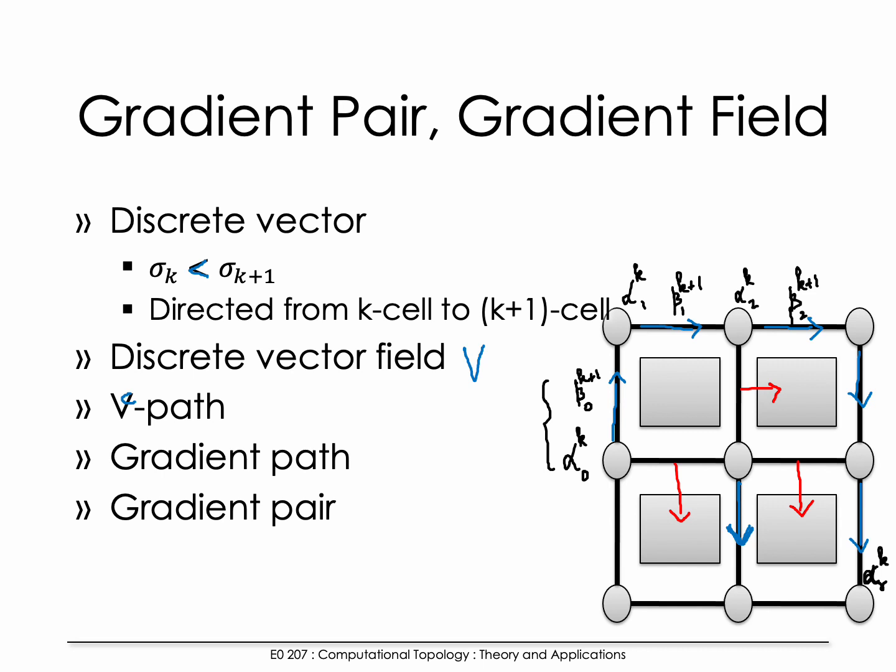Right? So there are two kinds of gradient pairs possible in a two-dimensional cubical cell complex, namely the node-arc pairs and the arc-two-cell pairs.